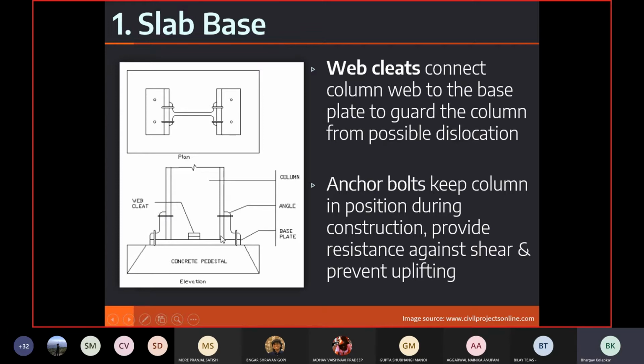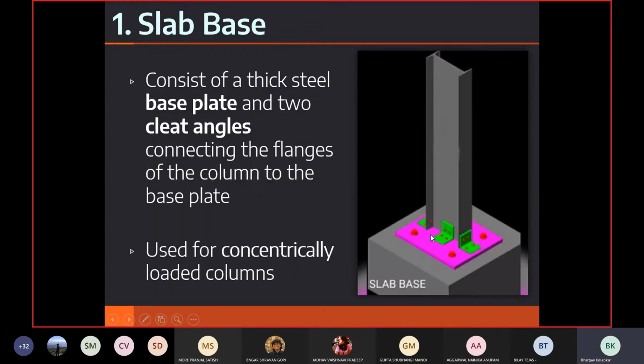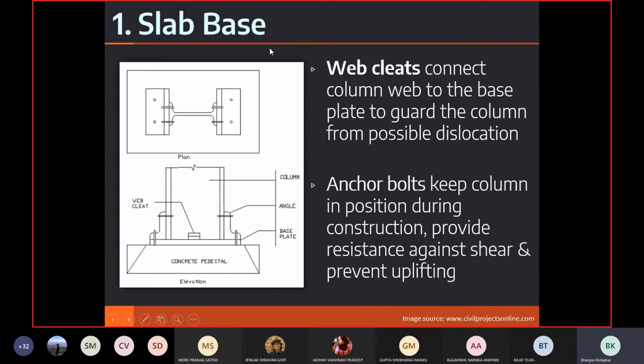Now these web cleats are optional. The angle sections connecting the web of the column to the base plate are used only to make sure that the column stays in its position.